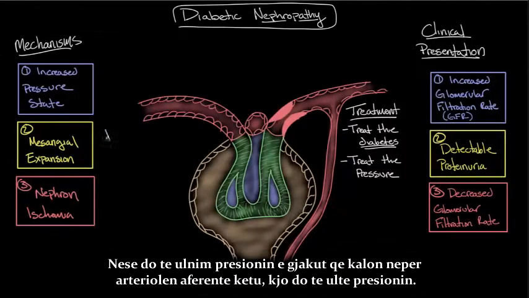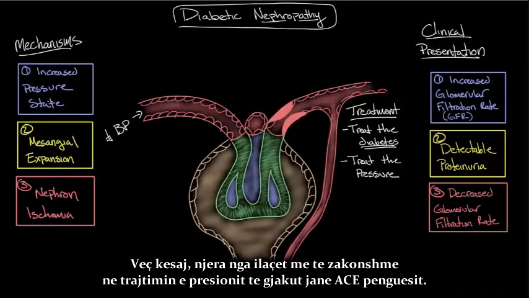So if you can decrease the blood pressure that goes into the afferent arteriole here, you'll decrease this increased pressure state. In addition, one of the most common medications to treat blood pressure are known as ACE inhibitors.